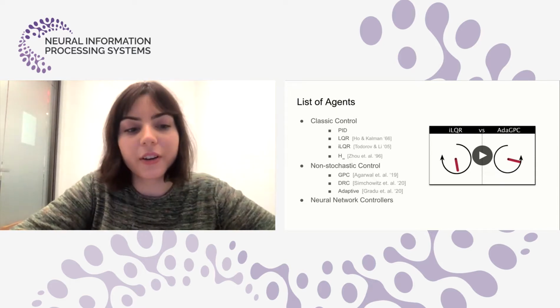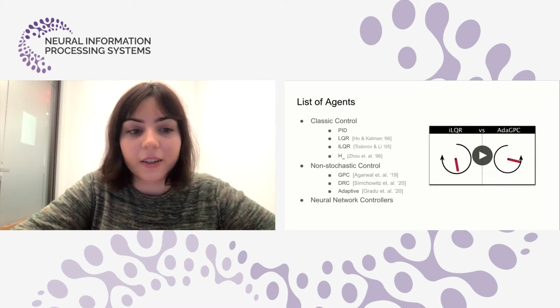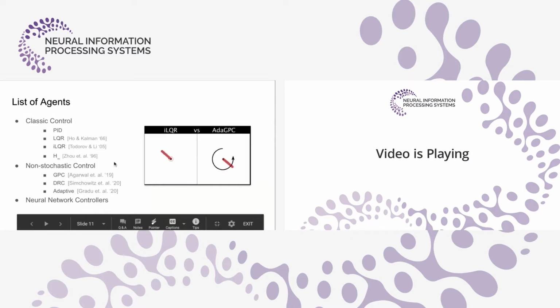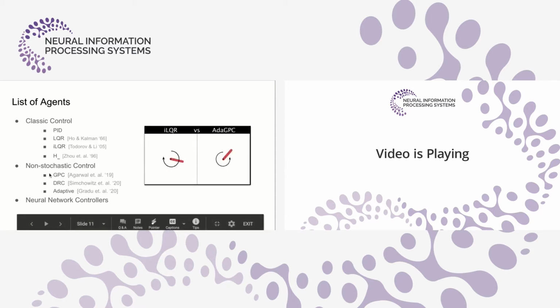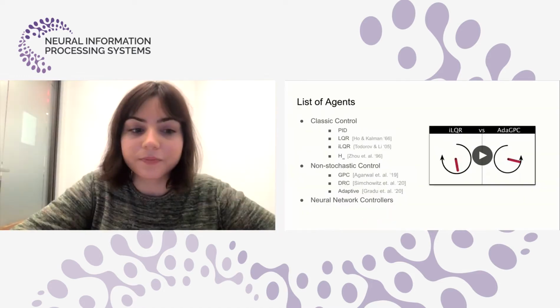Finally, we support generic neural network controllers, trainable via policy gradient. In the video on the right, you can see a visual comparison of two of our agents, ILQR and AdaGPC. AdaGPC is one of the most advanced non-stochastic control methods that has just recently been developed.